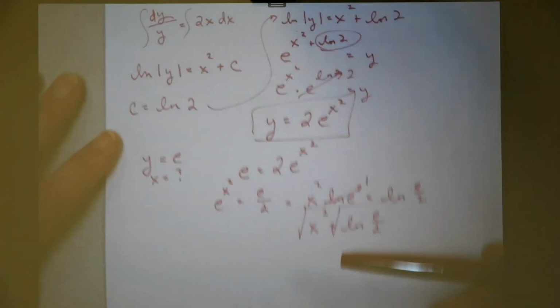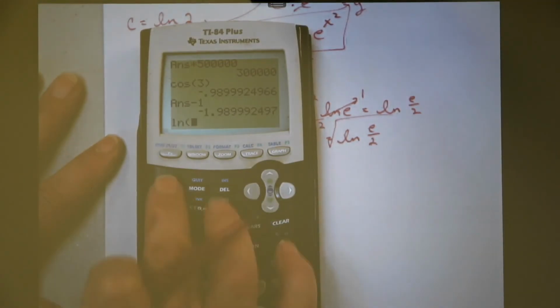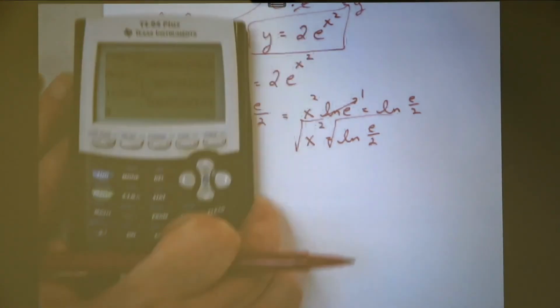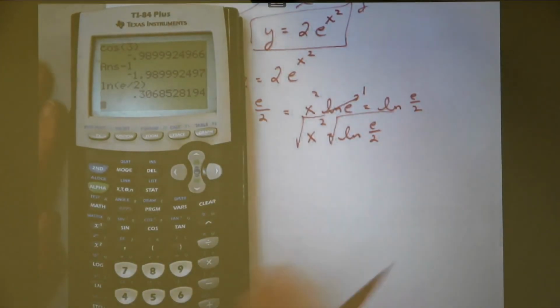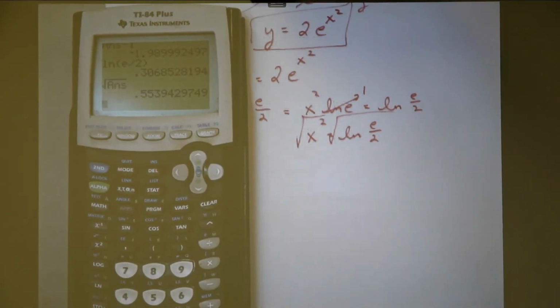Or you can evaluate ln e over 2, so hang on just a second. So we have a value of 0.553 for our x.